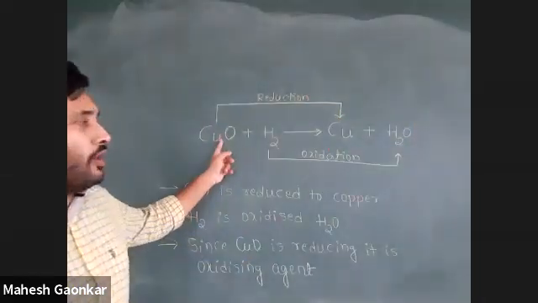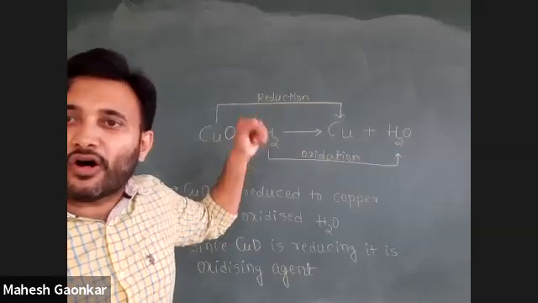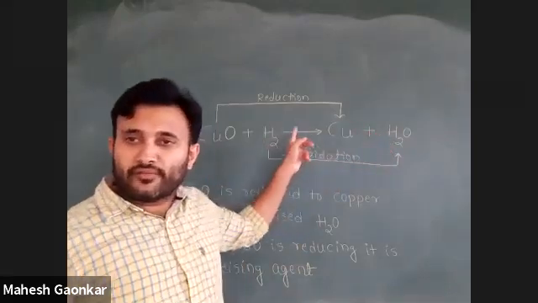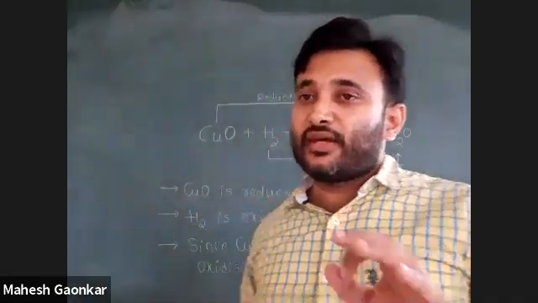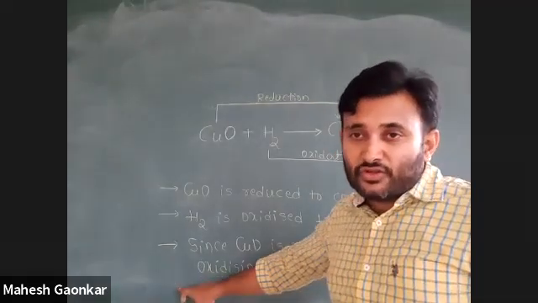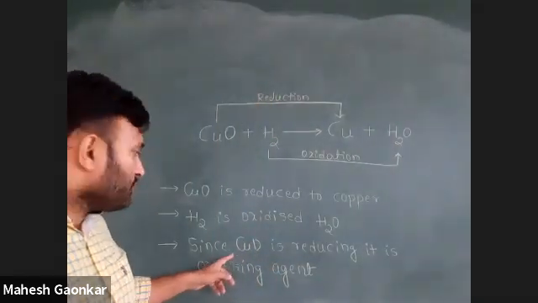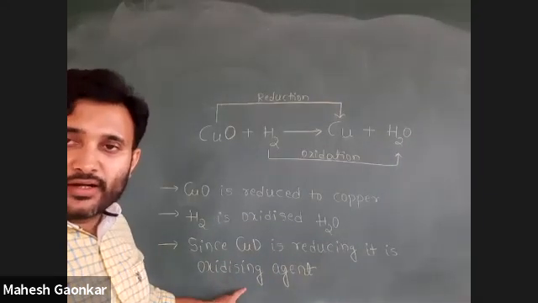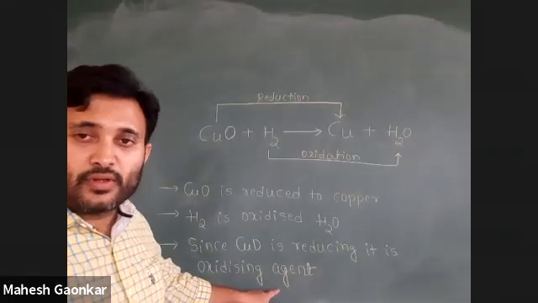Now look here: copper oxide is undergoing reduction. Correct? Therefore, it is oxidizing agent. Hydrogen is undergoing oxidation. Therefore, hydrogen is reducing agent. Last point, are you writing?